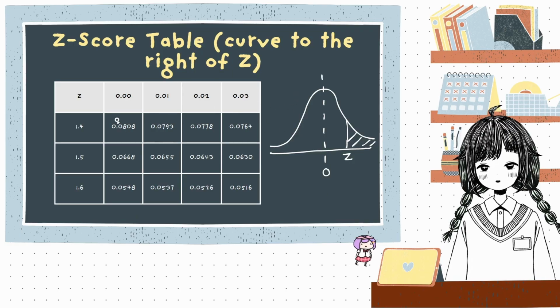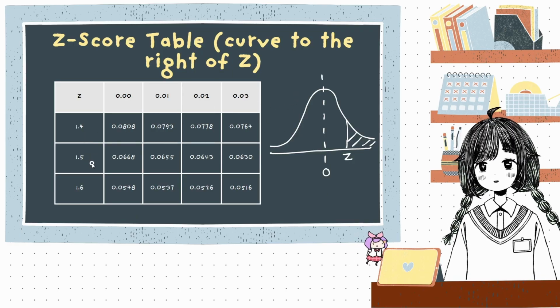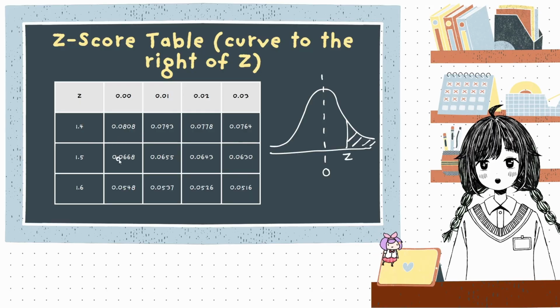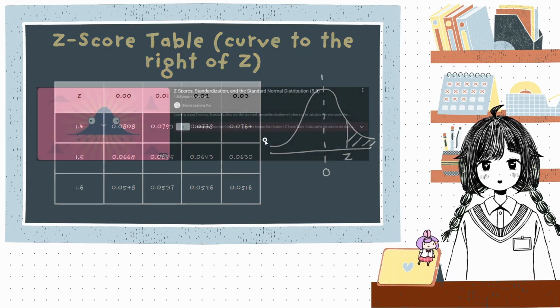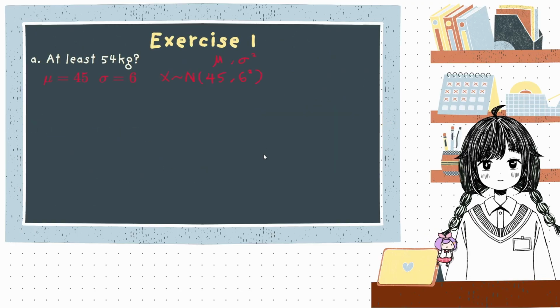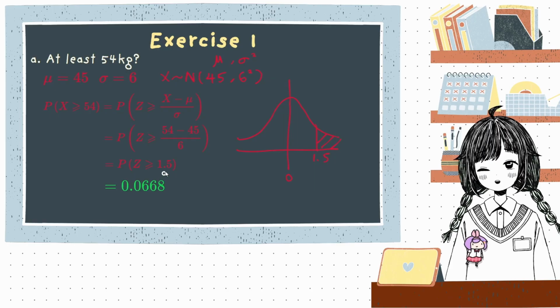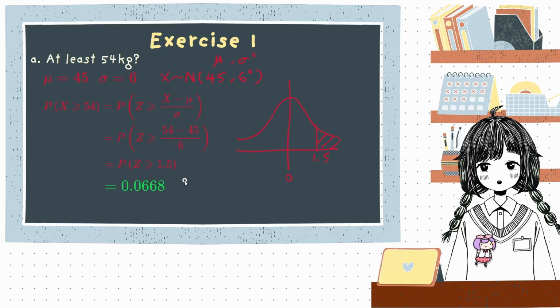According to the table, 1.50 is 0.0668. So the final answer is 0.0668.